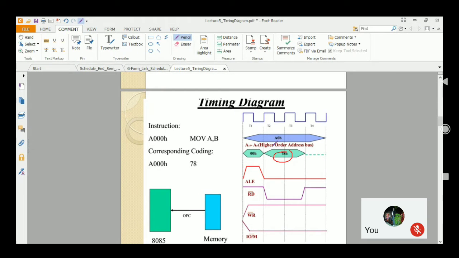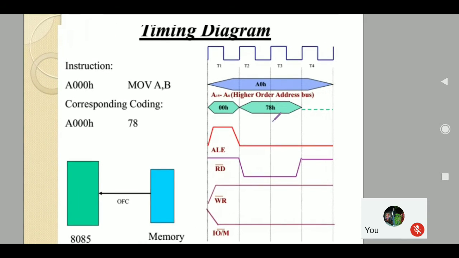How are we going to fetch this 78H? 78 is my opcode, and it is going to be fetched into my instruction register. So how are you going to fetch that 78? When ALE was high and then again, in T2 and T3, for fetching my opcode 78, I need two clock cycles.